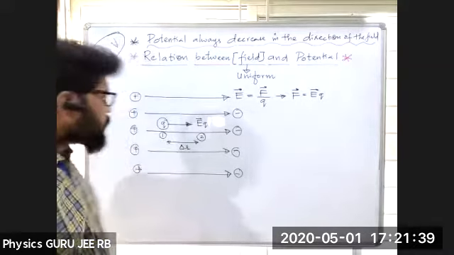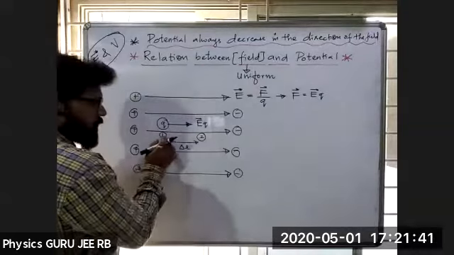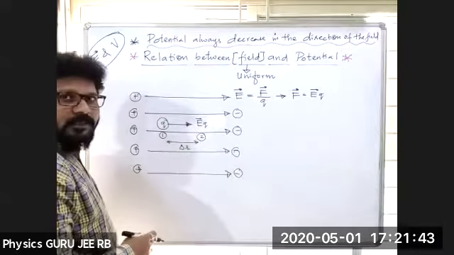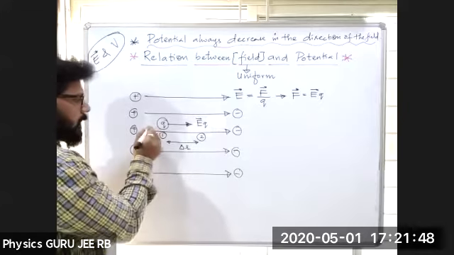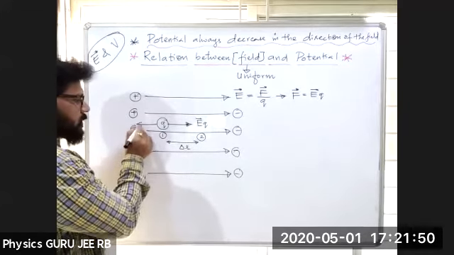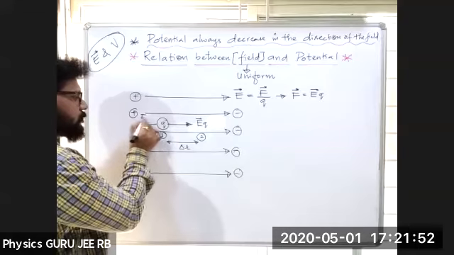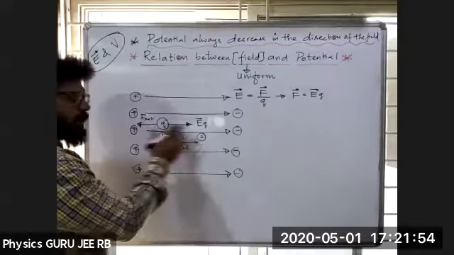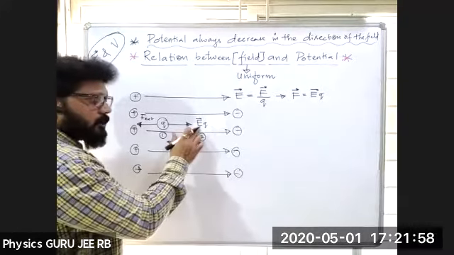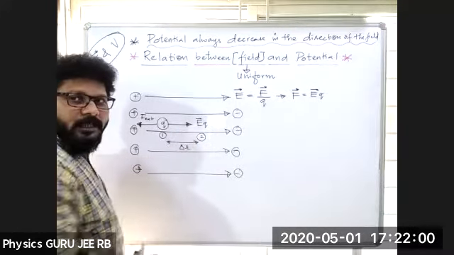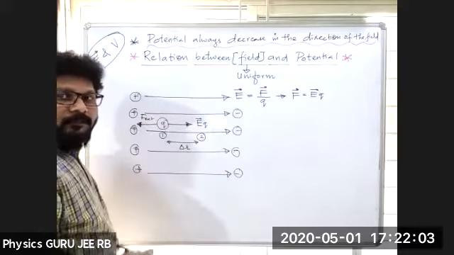Fine. So what I'll do now, there is no need of any external force to move from 1 to 2. Let me apply some force in the backward direction here, an external force now. This external force should be equal in magnitude to EQ and opposite in direction. So net force will become 0.